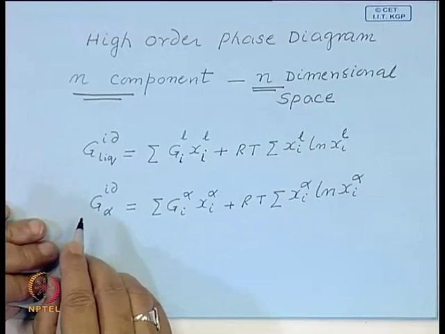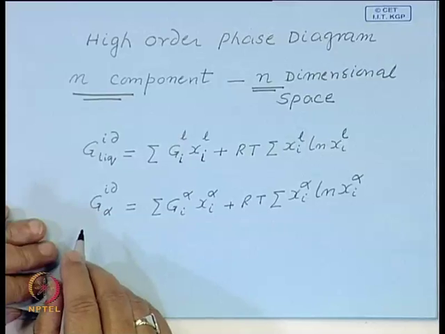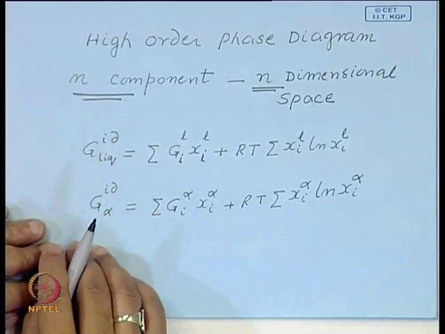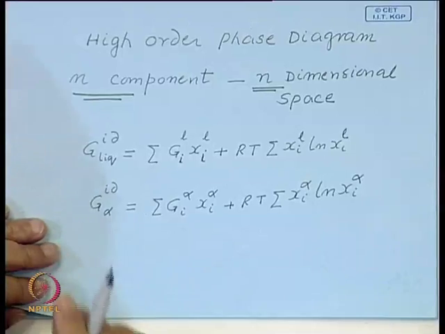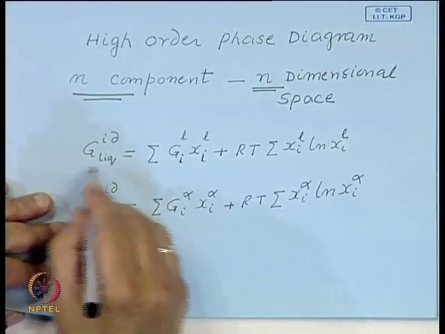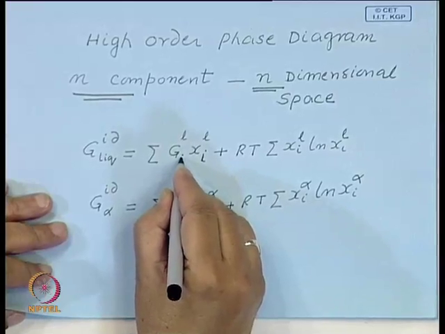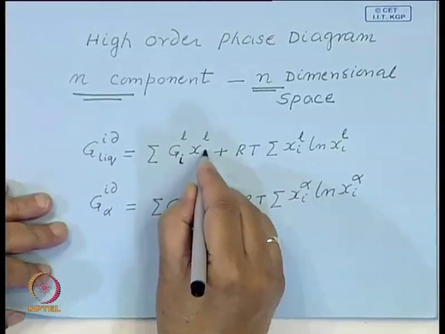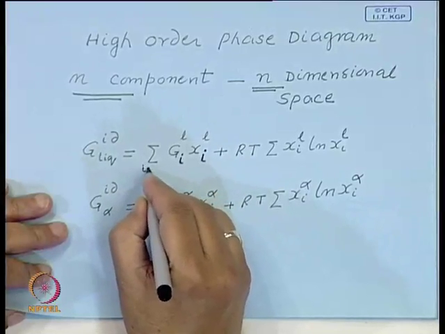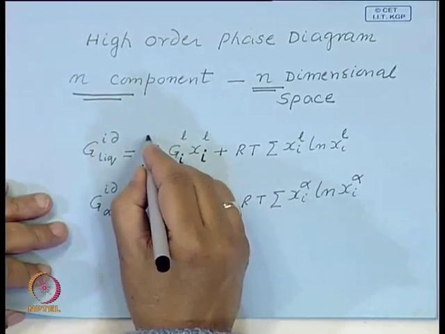Now, let us see, even for a simple isomorphous system, if we are trying to construct a phase diagram using mathematical techniques, how do we proceed? Suppose I represents a particular component, and I extends from 1 to n.